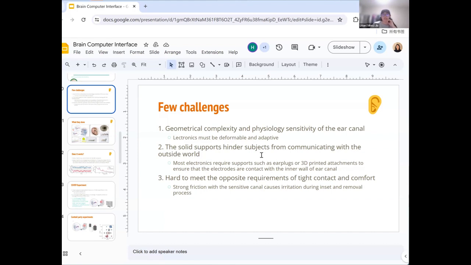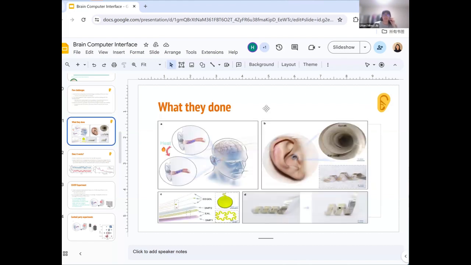The third thing is that it's really hard to meet the requirement for tight contact and comfort, because most of them are pretty hard materials. When you remove or insert it, it's very likely to cause irritation or inflammation in your ear. So this paper tried a new material and a new format of BCI.